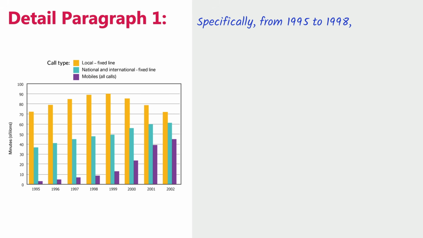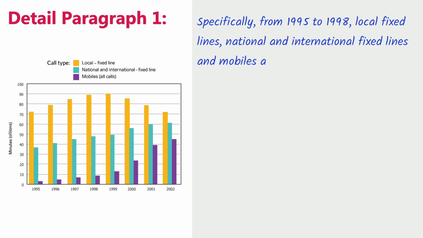You should tell the examiner that you are going to analyze data based on these years, right? From 1995 to 1998, local fixed lines, national and international fixed lines, and mobiles all increased in use.